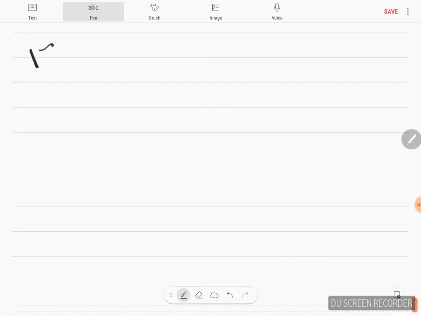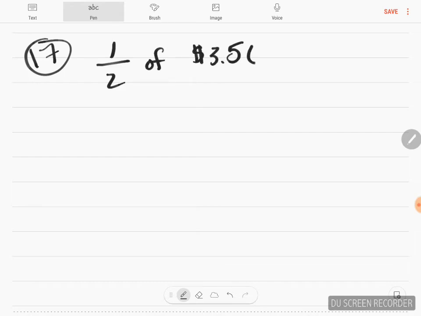All right, let's go to 17. It says, what number is half of $3.50? When we see this word of, it's multiplication. Of means multiplication.